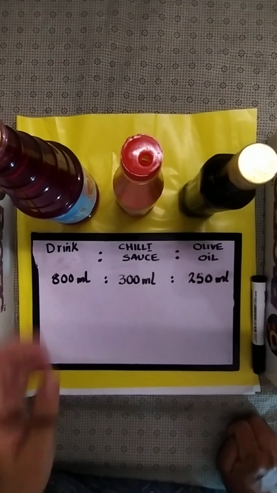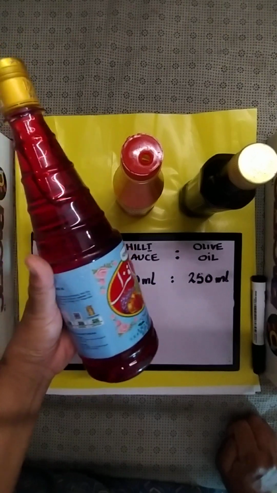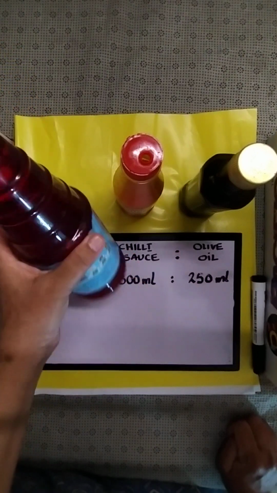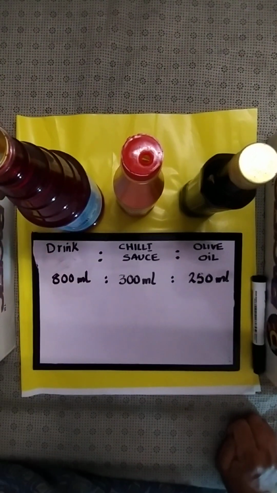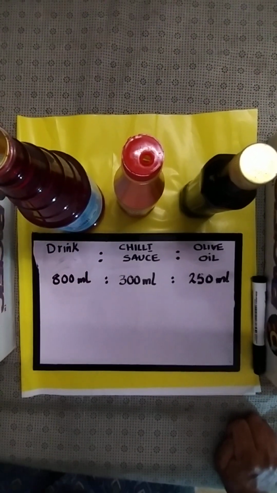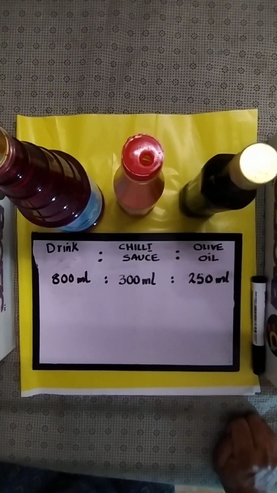And I have a bottle of sharbat, or we can call it a drink. This sharbat was around 800 ml. We have not yet used it. So 3 different bottles of different sizes: a drink having 800 ml, chili sauce 300 ml, and olive oil 250 ml. Compare the 3 figures. They are all different in weight.